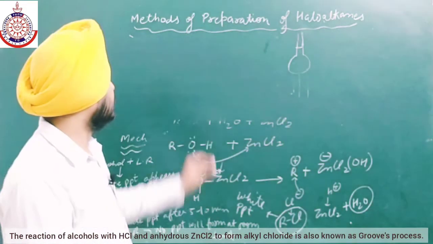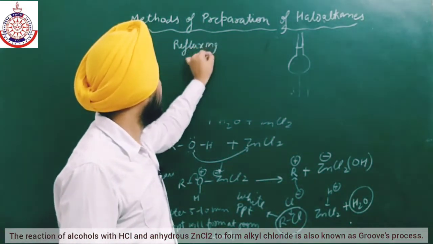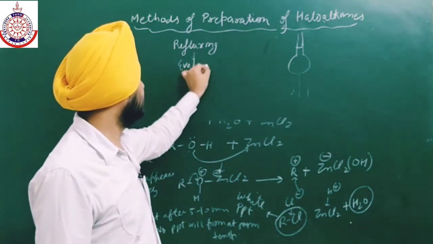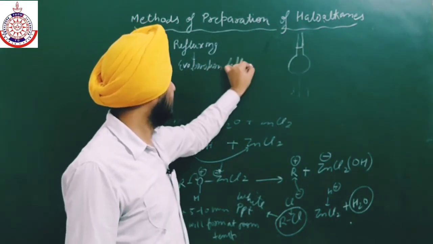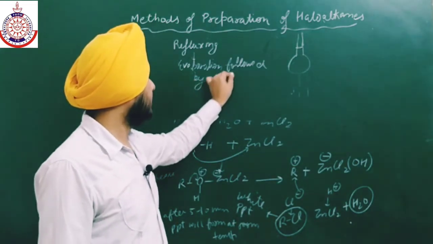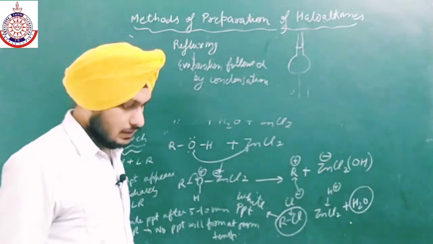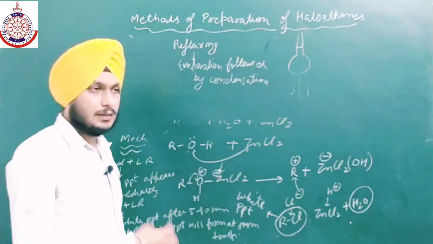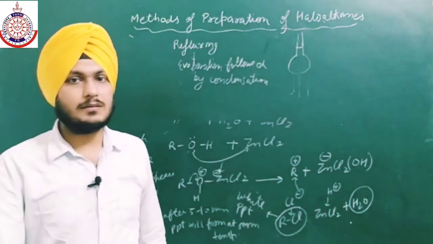So refluxing is nothing but evaporation followed by condensation. पहले evaporation होगी and then condensation होगी. So alkyl bromides will also form, or alkyl iodides will also form by this particular method.